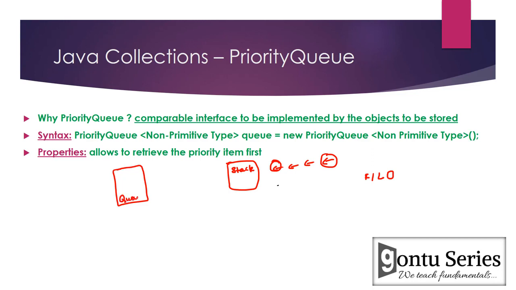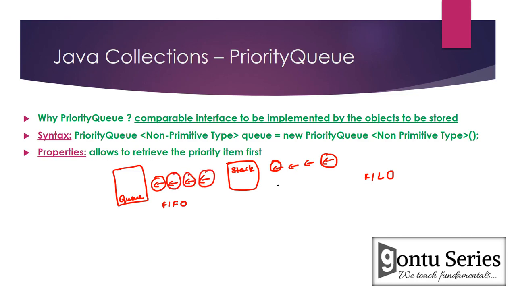Now, there's one more concept available in programming that's known as queue. What is this concept? Queue is a concept where you keep on adding elements and you are allowed to take out the first element first. So first in, first out means if you added elements in this order, first this and then this and then this and then this, then queue is going to give you this element first, then this and then this and then this.